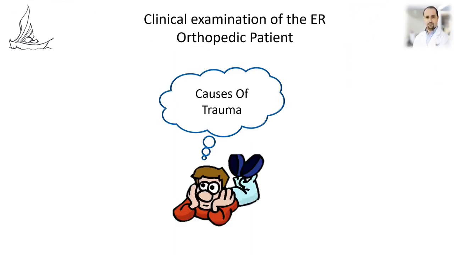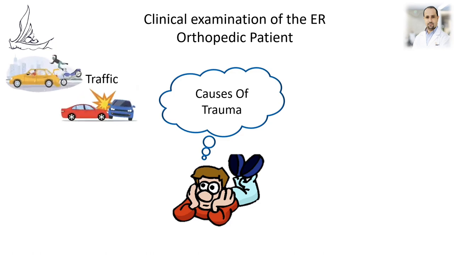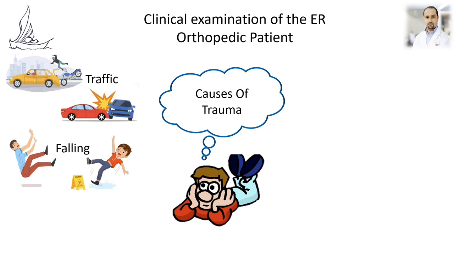It's very important to ask about the cause of trauma. That will give us more ability to suspect what kind of injuries the patient may have. The most popular causes of trauma are traffic accidents, and here we distinguish between intra and extra vehicle accidents. Falling downstairs or falling during normal life activities also could be causes of trauma.